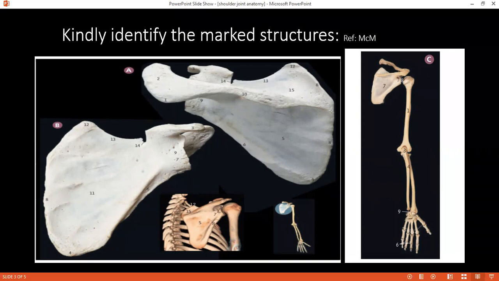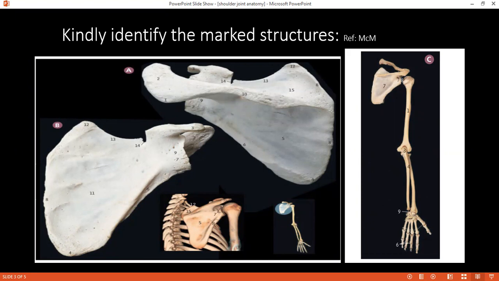What type of joint is the shoulder joint? Ball and socket type of synovial joint. Common injuries are rotator cuff tear and shoulder dislocation, anterior or posterior.